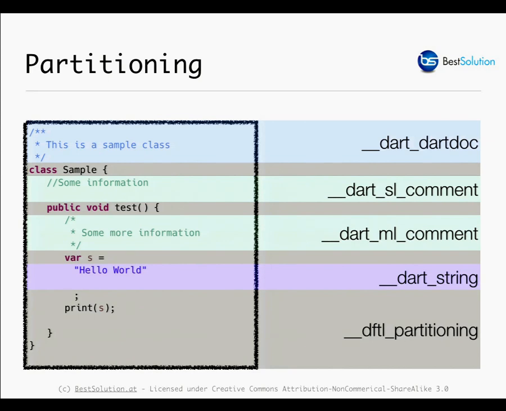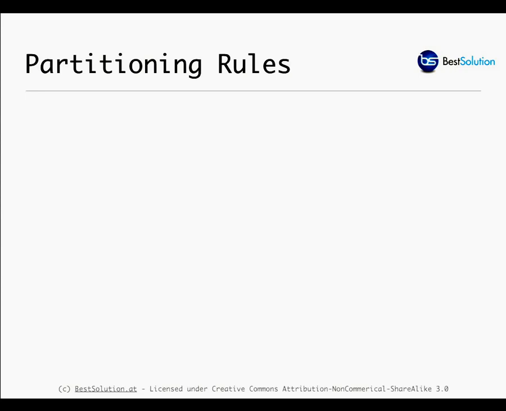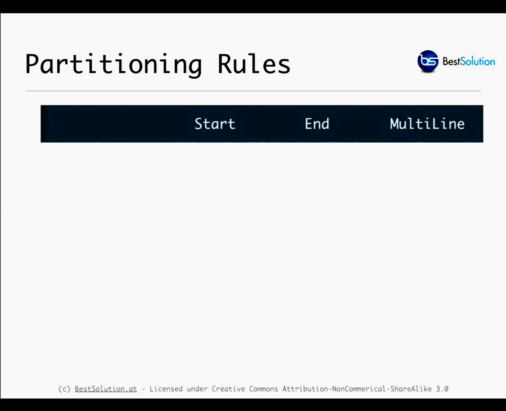So this is how Eclipse Text looks at your Java file, for example, or Dart file. It creates partitions, and when you make modifications, for example, in the Dart doc area, it only reparses this partition. It says, there is no change in all other partitions. I don't have to reparse them. I know there's nothing changed in there. So that's the trick that they're using. So how do you do partitioning? Well, it's fairly simple for Dart or Java to set up rules.